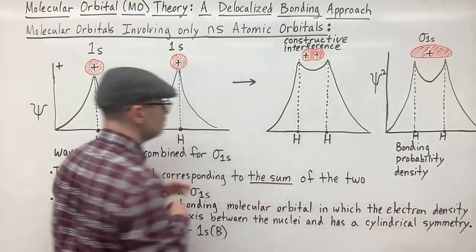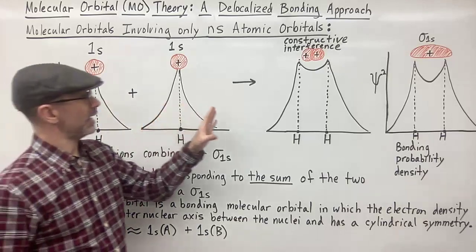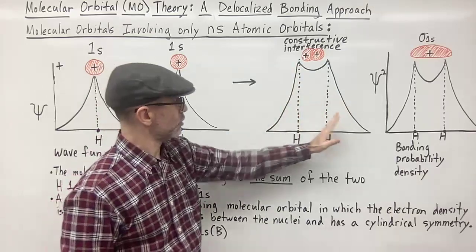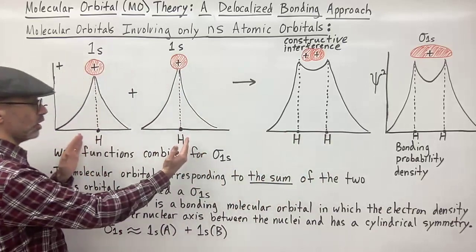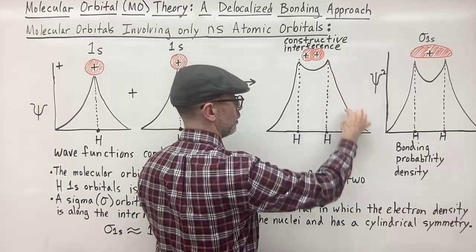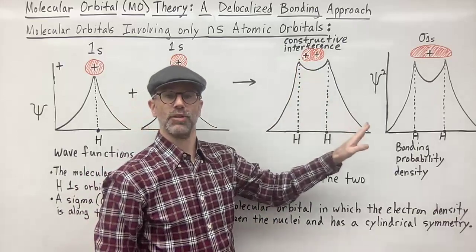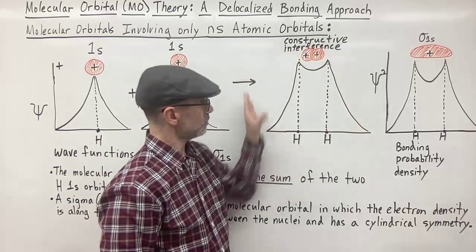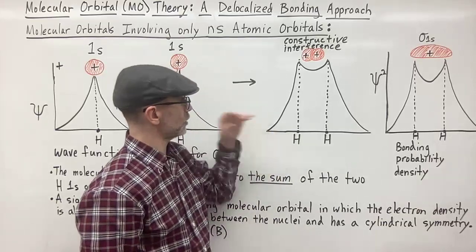So here you see the two atoms coming together, and then you get the combination of the two wave functions of the two hydrogens. The nuclei are closer together than they were before. Then look at the wave function of the combined orbitals. Here we have the combined wave function of the electrons.